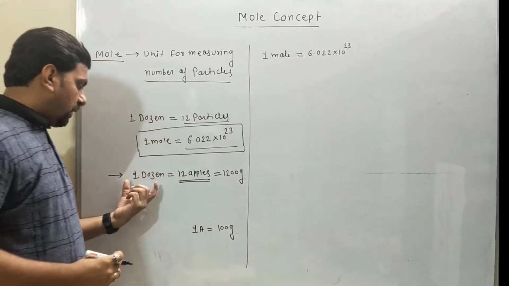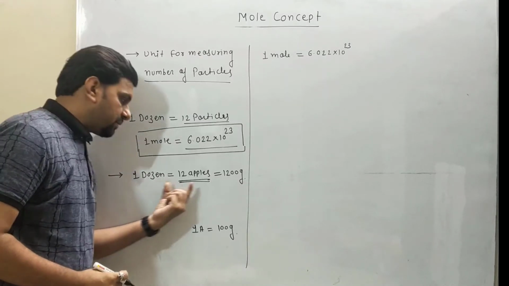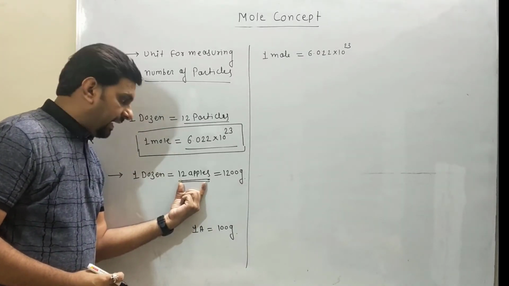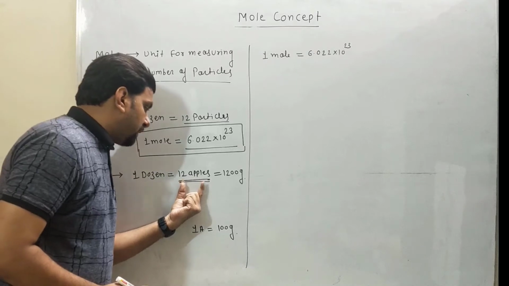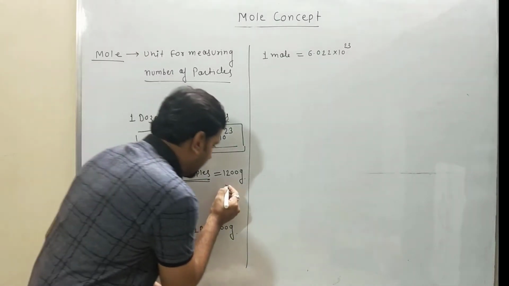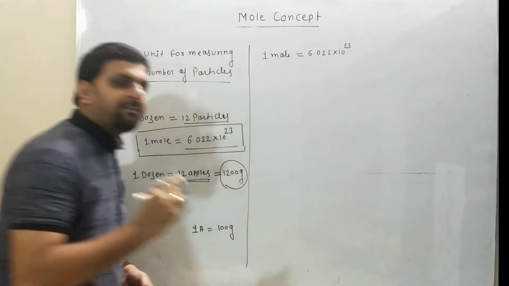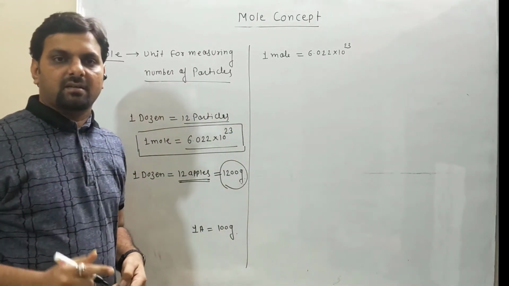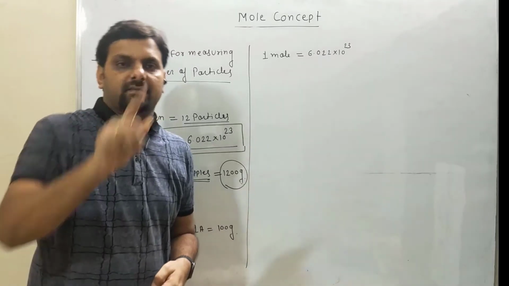So 1 dozen apples means 12 apples, and the mass of these 12 apples would be 1200 gram. This 1200 gram can be called the dozen mass, the mass of 1 dozen.